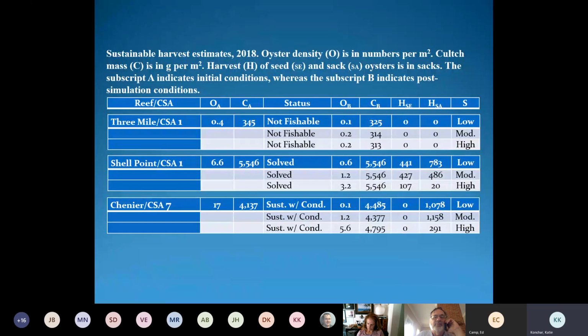Okay, then we go to Shell Point. It has about 6.6 oysters per square meter. It has quite a bit of culch, more than 5,000 grams per square meter. And here the status is solved. Okay, so the criteria is no net loss of shell.